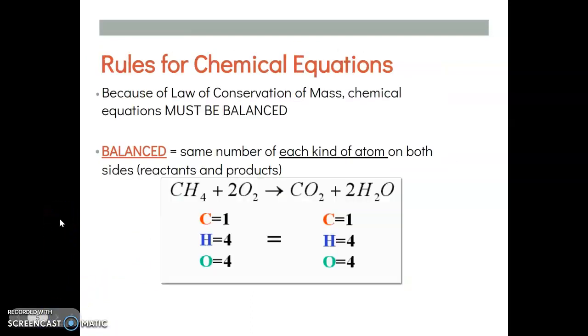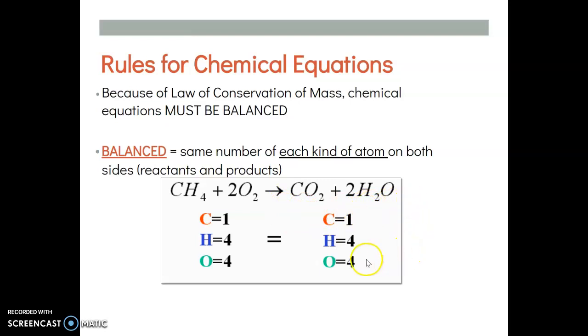So here are our rules for chemical equations. Because of our law of conservation of mass, they have to be balanced. This just means that there's the same number of each kind of atom on both sides. So if we take a look here, we have CH4 plus 2O2 yields CO2 plus 2H2O.